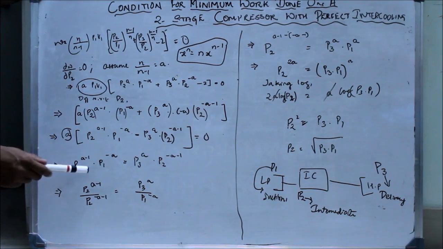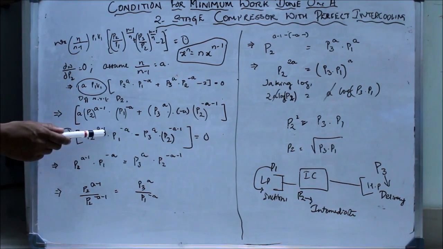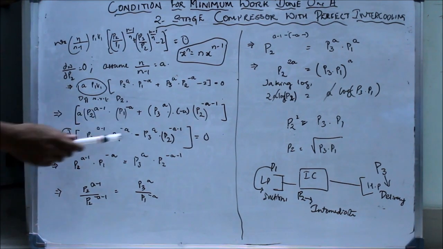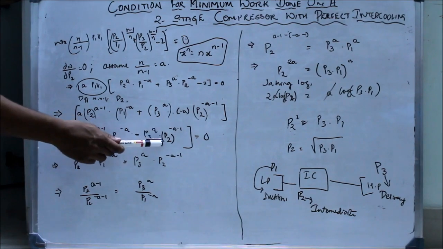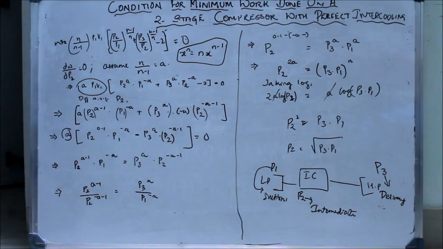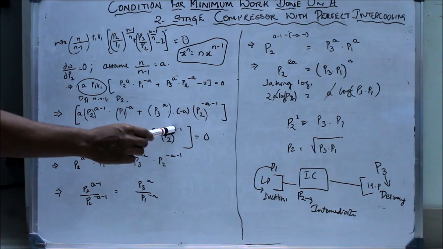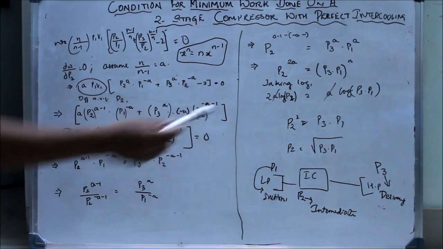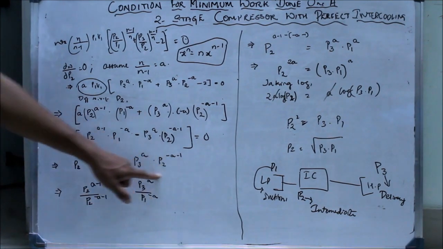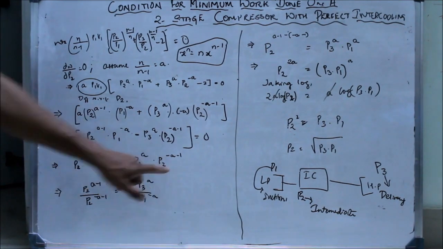So the final expression we are left with is P2 to the power A minus 1 into P1 to the power minus A is equal to P3 to the power A into P2 to the power minus A minus 1. The minus term, P3 to the power A into P2 to the power minus A minus 1, you bring to the other side, so this is equal to this.